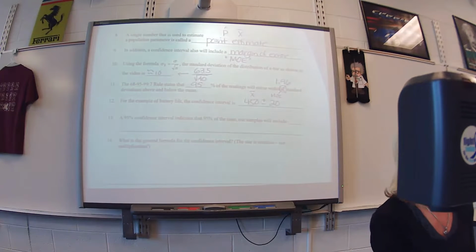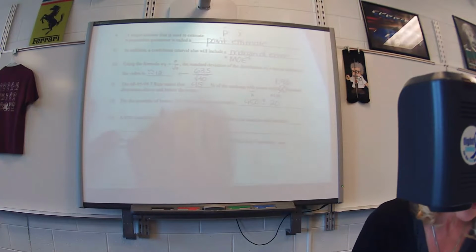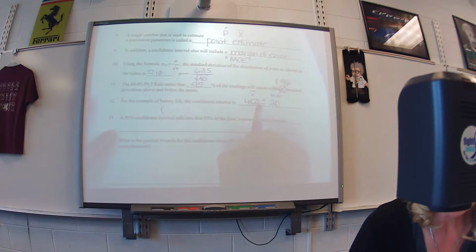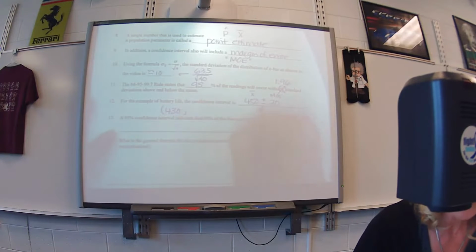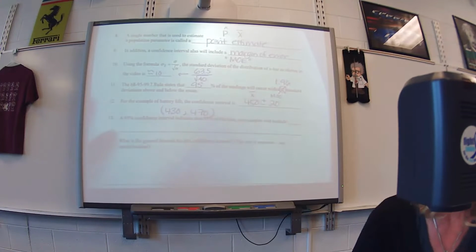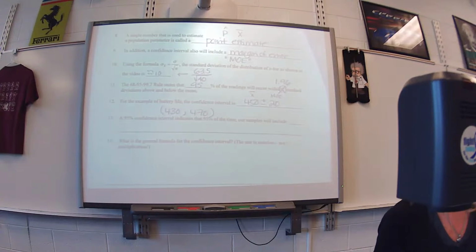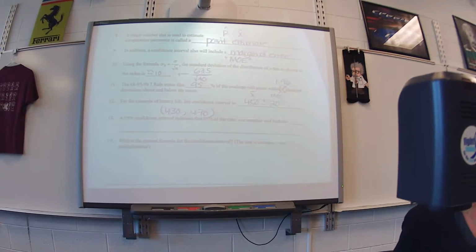But what that also means, how we usually write the confidence intervals, we actually do the math, is we say, okay, so it could be as little as 430 minutes if I subtract, or it could be as high as 470 minutes if I add. And we write it usually using interval notation. And I hope you can see mathematically that your point estimate, whether it's an x bar or a p hat, is dead center in between your minimum and your maximum, okay?